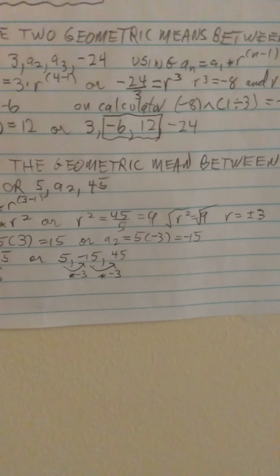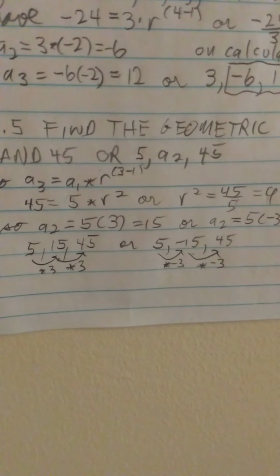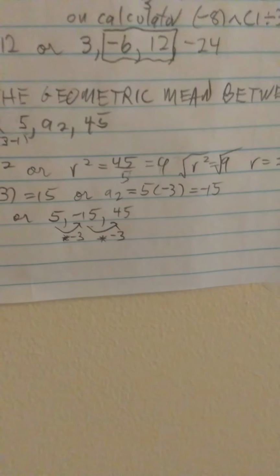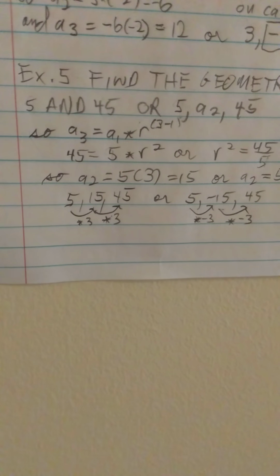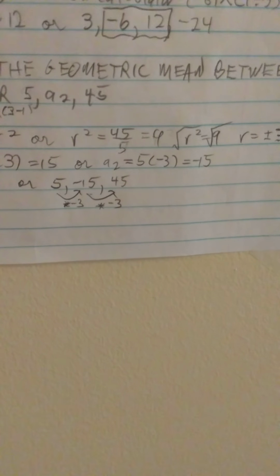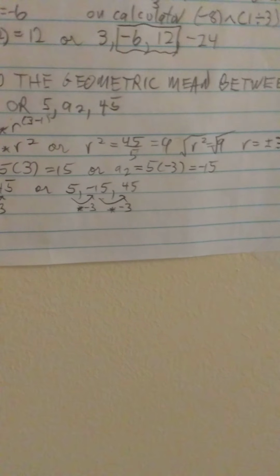Therefore, r is equal to plus or minus 3. So now a2 can be either 5 times 3 is 15, or 5 times negative 3 is negative 15. Either one works. So our three-term sequence becomes 5, 15, 45 if we're using an r of 3, or 5, negative 15, 45 if we're using an r of negative 3.